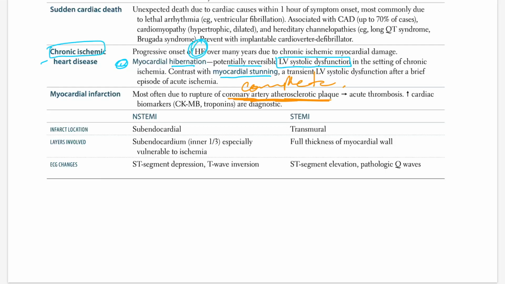So now in hibernation, that left ventricular dysfunction occurred, but it is reversible. While with myocardial stunning, it's a transient left ventricular systolic dysfunction after a brief episode of acute ischemia.